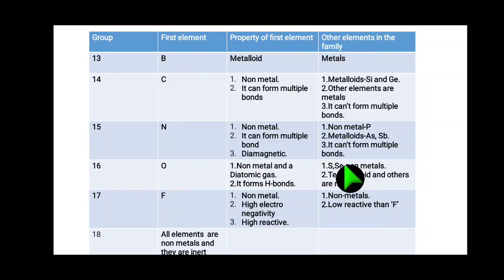The other elements in the family: sulfur, selenium, non-metals, tellurium, metalloid, and others are metals. Then fluorine. Fluorine is non-metal, high electronegativity and highly reactive. Other elements in the family are non-metals, less reactive than fluorine. So fluorine is highly reactive and has high electronegativity also.